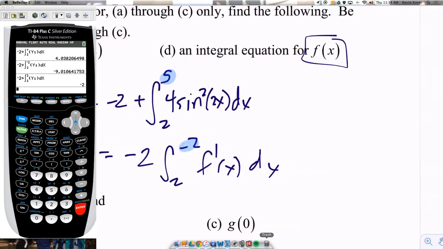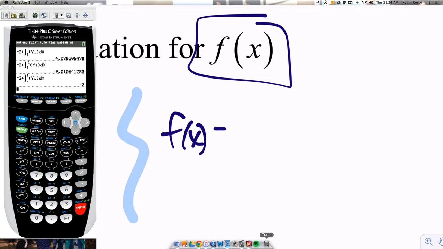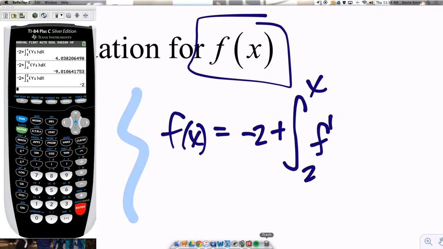So in general, we could say that f of x, in general for any x, is our starting value of -2 plus the net accumulation from when we were at -2, which is 2 to some x value, of f prime of what? X dx, question mark?